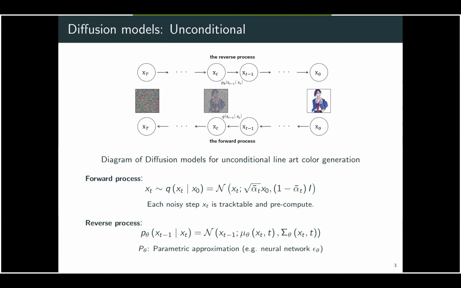The main baseline of these diffusion models is learning a parametric approximation from x big T to the unknown distribution of x0, going from the noisy data back to the unknown or predicted data.